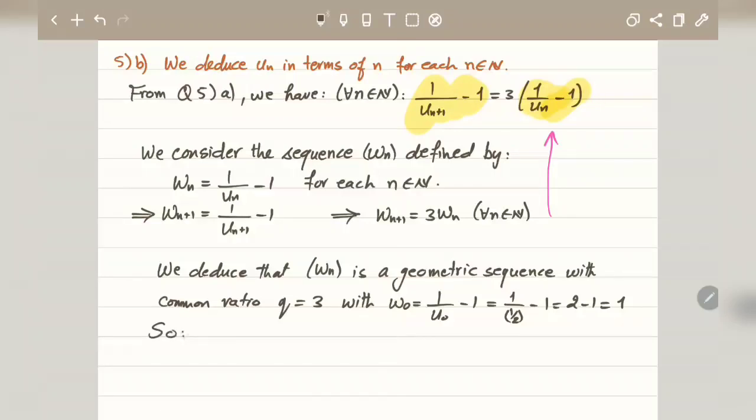So we can write wn equals w0 times q power n for all n belongs to N, and we replace the ratio and first term to get finally wn equals 3 power n for all n belongs to N. That's all about this exercise. Thank you.